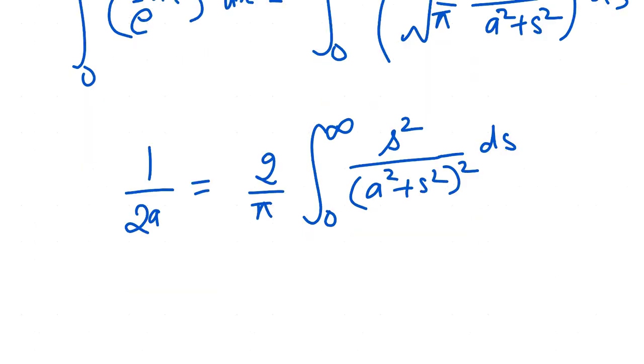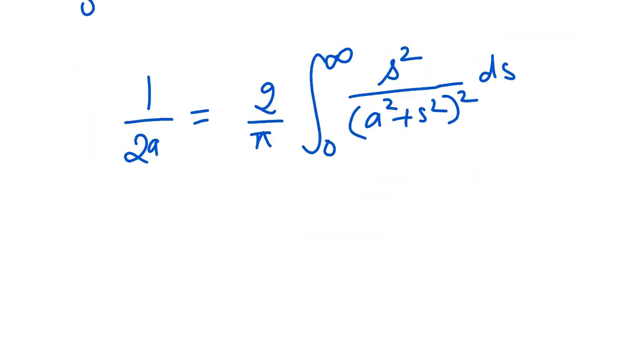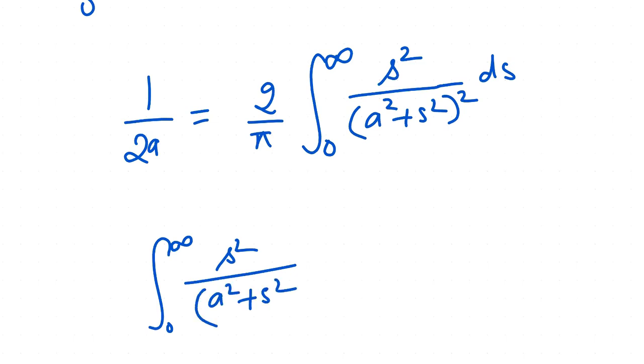So we can express this integration, limit 0 to infinity, s square over a square plus s square whole square ds, is equal to pi over 4a.